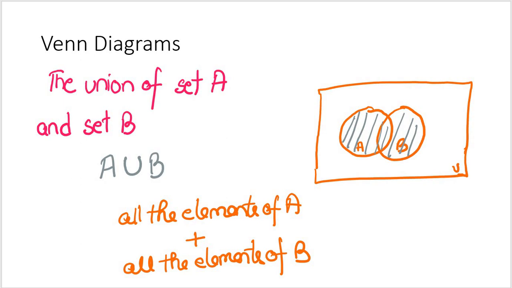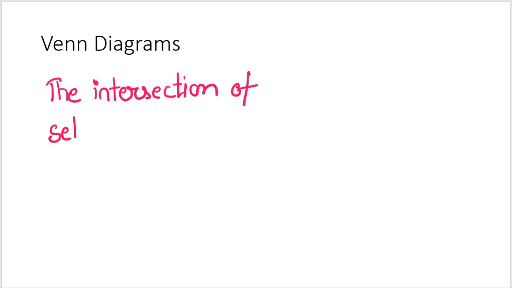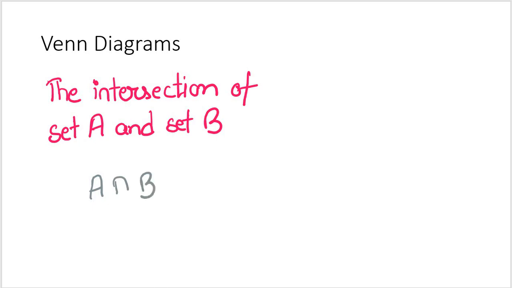Now, since we saw the union operation in this part, in the next part obviously we are going to talk about the intersection, and it will be once again represented by a very familiar A intersection B symbol.